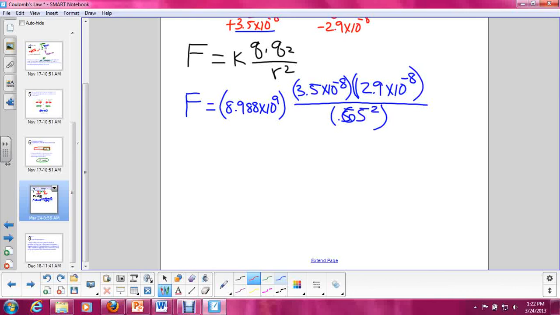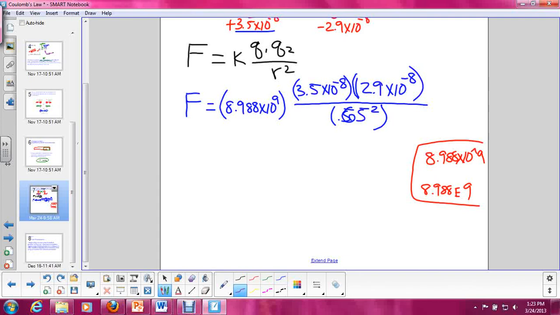The other trick is, instead of writing 8.988 times 10 caret 9 every time, just write 8.988 E 9. And remember, the E comes from second, comma. Press the second button on your calculator and then the comma. That will help you a lot.